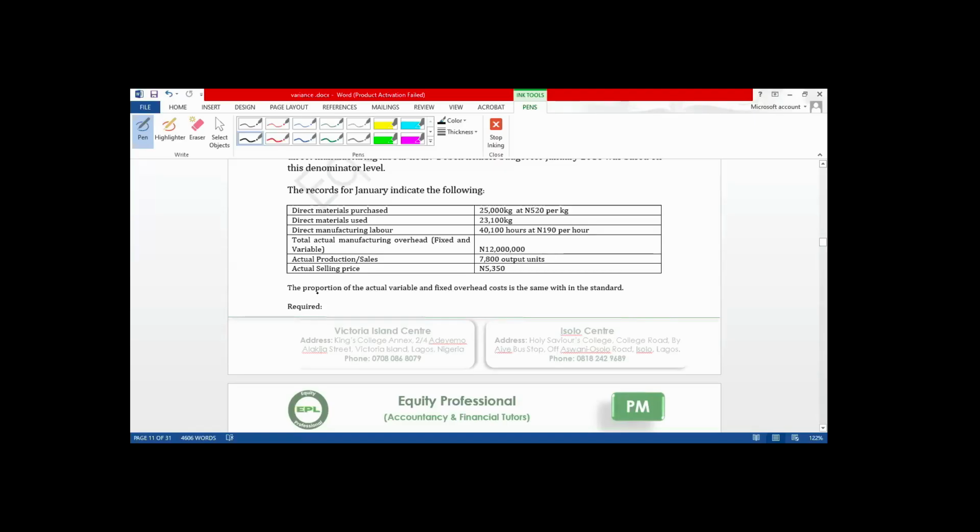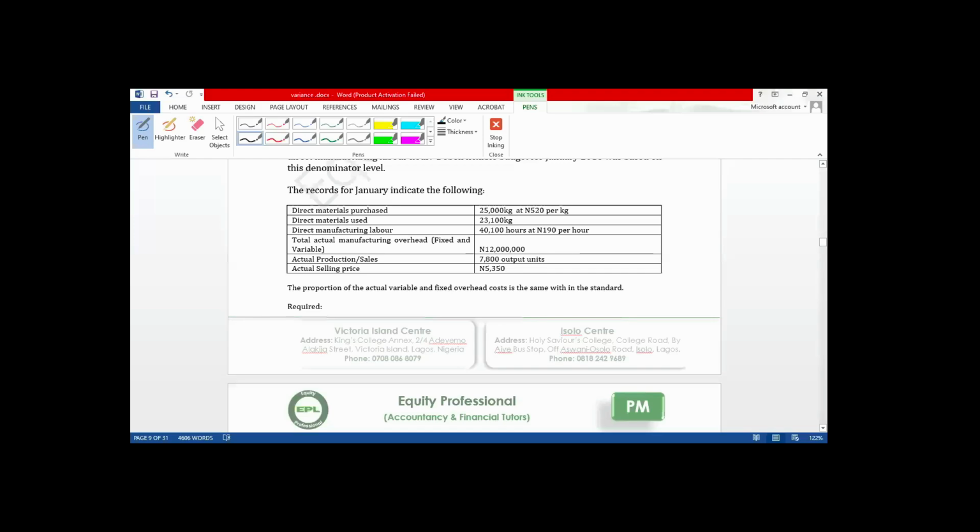The proportion of actual variable and fixed overhead cost is the same as within the standard.